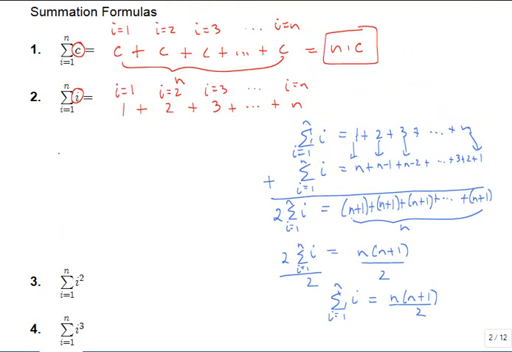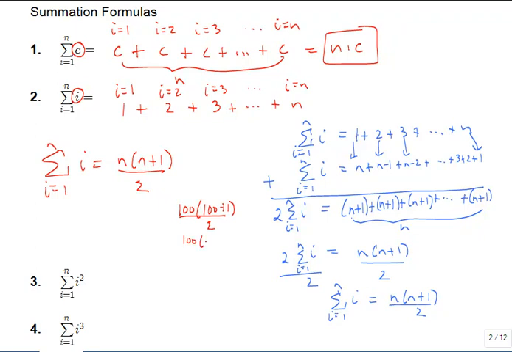So here's your formula that you want to memorize. The sum from 1 to n of i is n times n plus 1 over 2. So for example, if I asked you to add up all the numbers from 1 to 100, then that would just be 100, because that's your n, times 100 plus 1 all over 2.